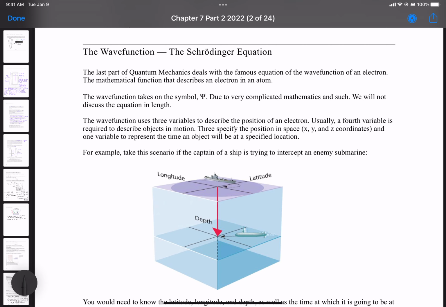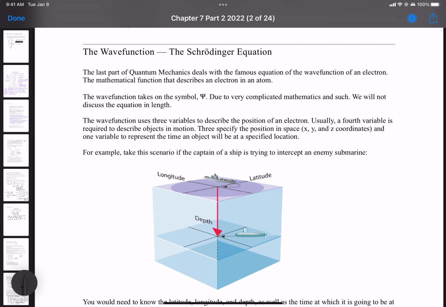Due to some very complicated mathematics, we will not discuss the equation at length. But if you took the operator of the wave function of an electron and acted on it, you can calculate the energy of the electron. And if you know the wave function of all the electrons in a system, you can calculate the total electronic energy of a system's electrons. One thing to note is that the wave function uses 3 variables to describe the position of an electron.